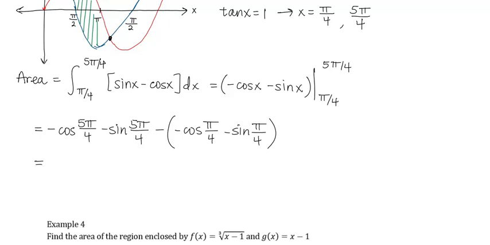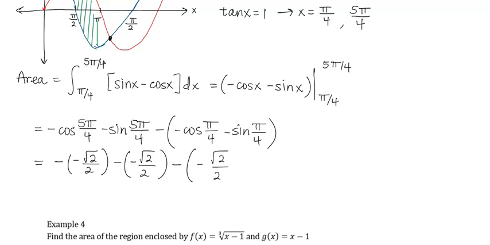Cosine of 5 pi over 4 is negative root 2 over 2. It's the same value for sine of 5 pi over 4, so we are subtracting a negative root 2 over 2, minus cosine of pi over 4, which is root 2 over 2, and sine of pi over 4 is also root 2 over 2.